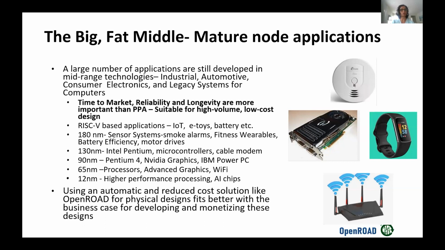They are typically built on RISC-V based processors, and RISC-V is becoming an increasingly popular open source instruction set architecture, the basis for several applications in that domain. This includes IoT, battery operated fitness wearables, smoke alarms, and so on.